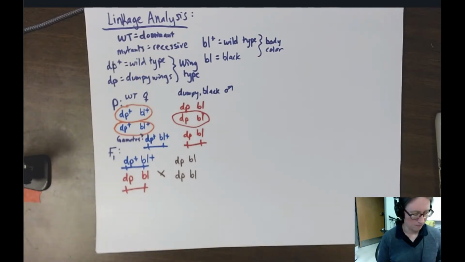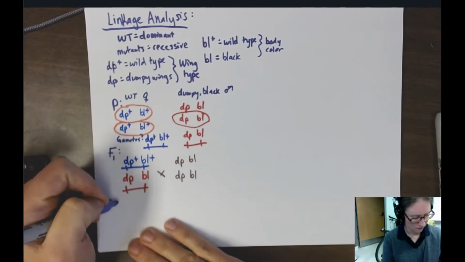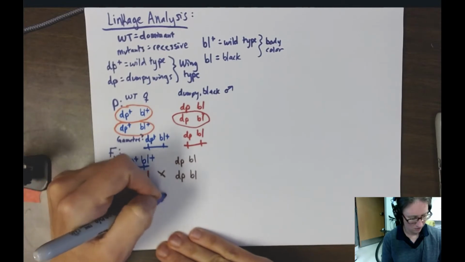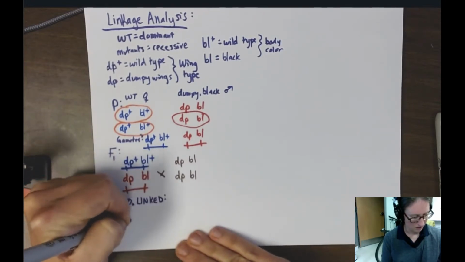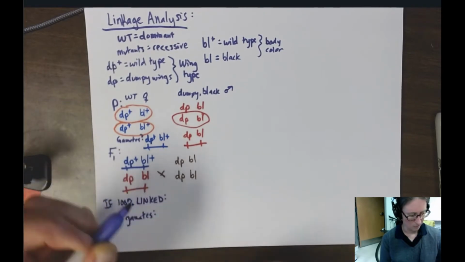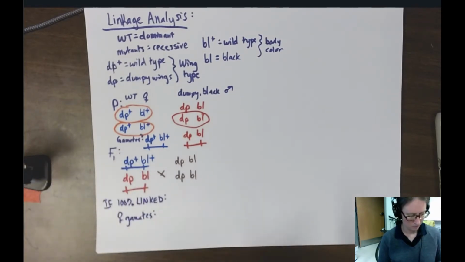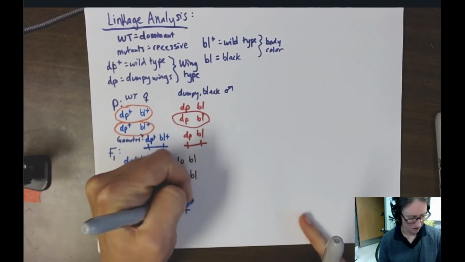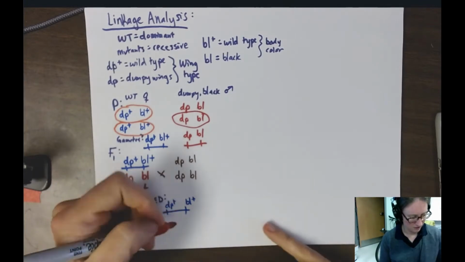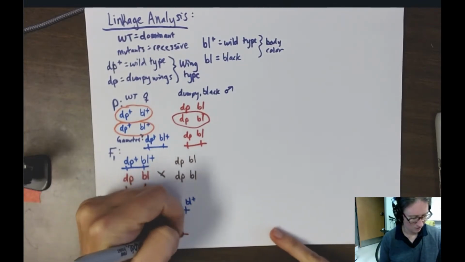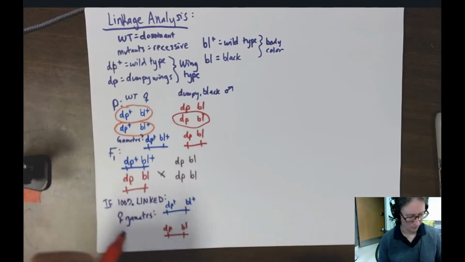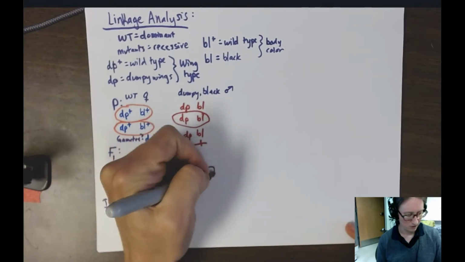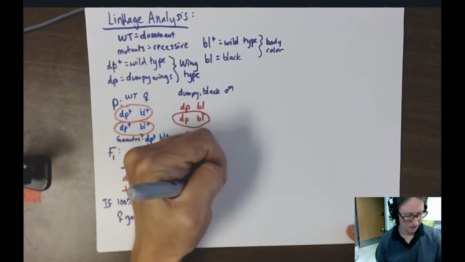So I'm going to just note here, if 100% linked, female gametes are going to be only DP plus BL plus and DP BL. And then from the second parent here, right, they can only produce one type of gamete. They can only produce DP BL.